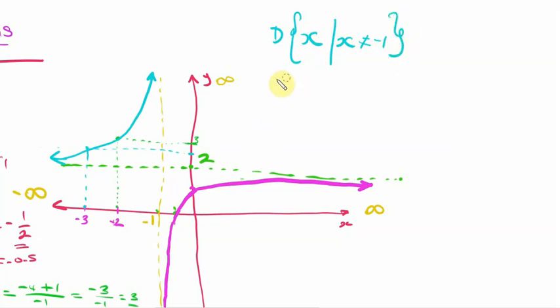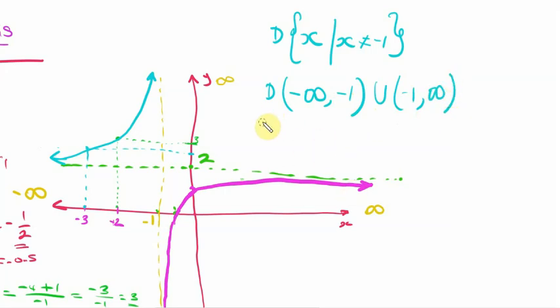And that's the domain, which we can also write as minus infinity to -1, union -1 to positive infinity.